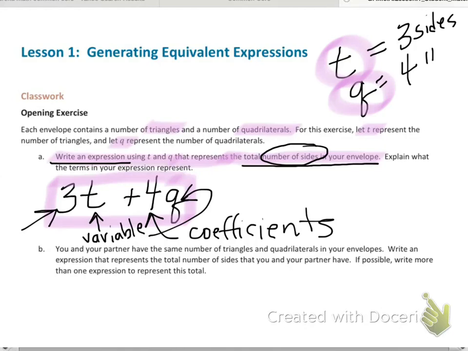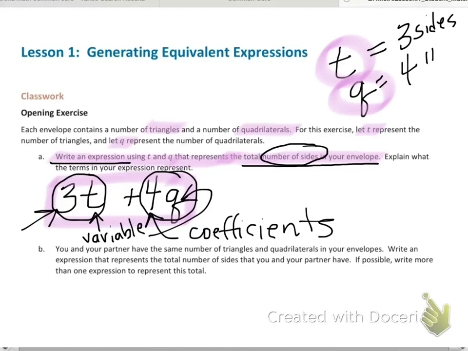Our expression is made up of 2 terms, 3T plus 4Q. This is expanded form, and it's also standard form because everything has been combined. We have 2 coefficients, 3 and 4, and 2 variables, T and Q.